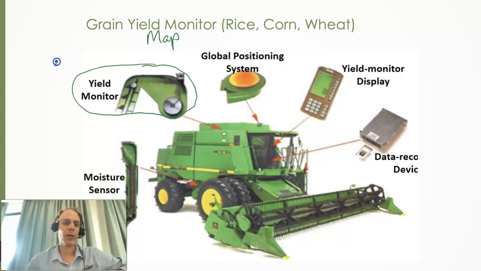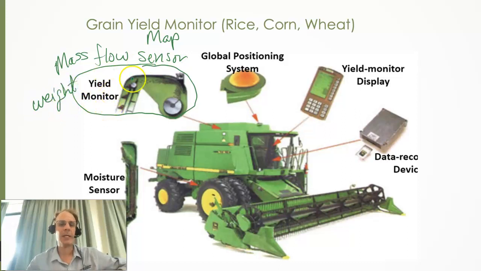This is called a mass flow sensor, and it measures weight. So how many kilograms of material? Next, we need to know the moisture, because if the grain is wet, it will weigh more than if it's dry. And so by knowing moisture, we can then adjust the weight according to the moisture.